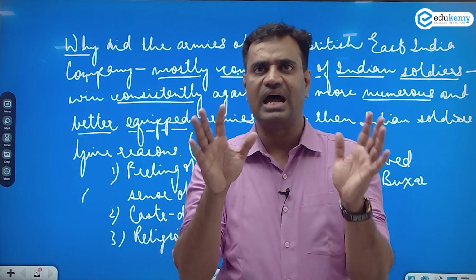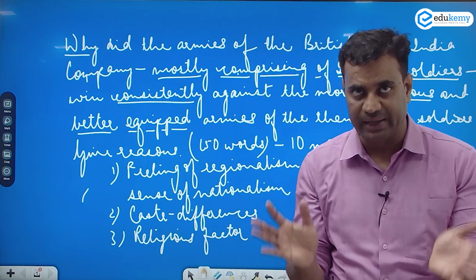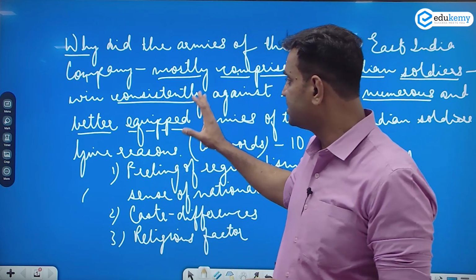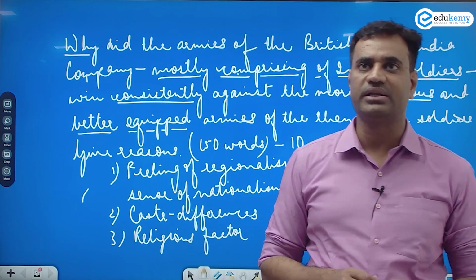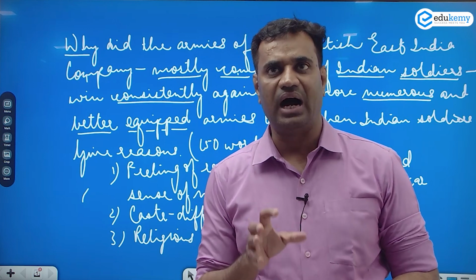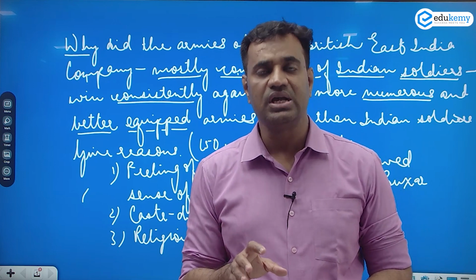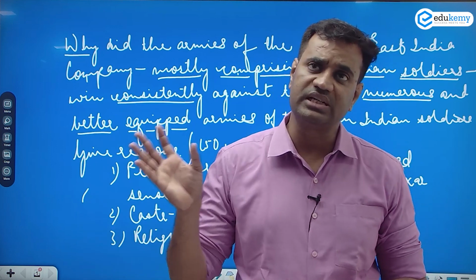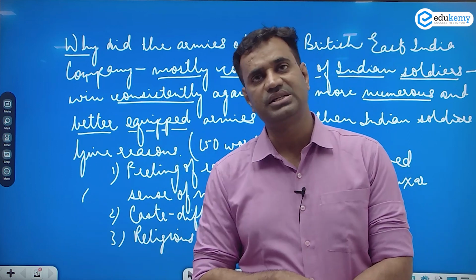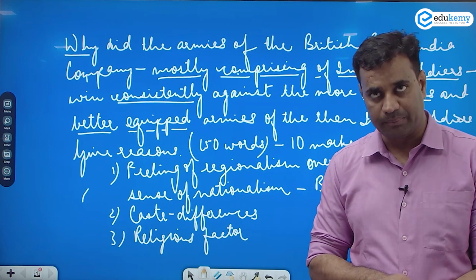So with these examples and factors, you have to explain what major factors were responsible for the defeat of Indian powers by the British, even though it was marked by only Indian soldiers, and Indian soldiers defeated other Indian powers that led to the political supremacy of the British East India Company. Clear?